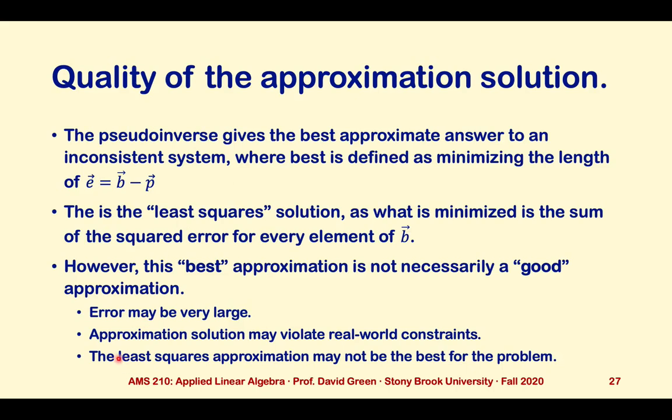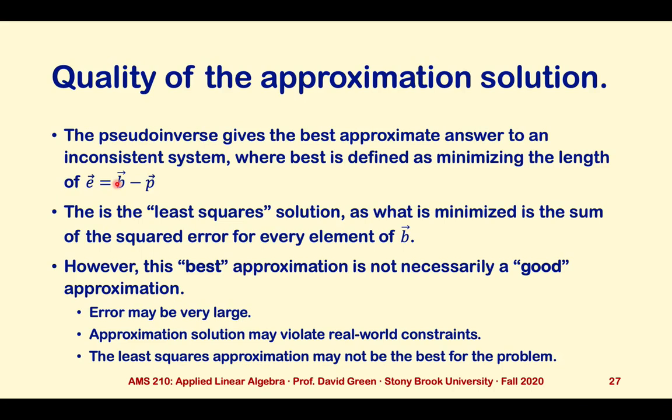It also can sometimes be the case that this definition of best, minimizing the least squares error, may not actually be the best for the problem. This often occurs when the different elements of our right-hand side have different units.